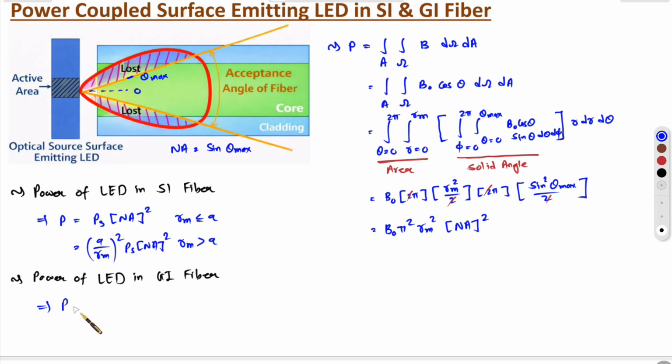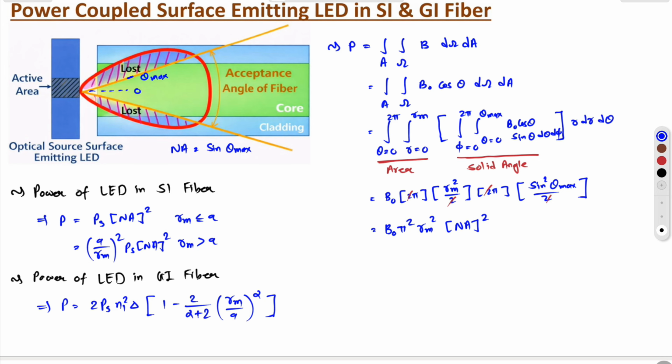See, that power will be P equals 2 PS N1 square delta into 1 minus 2 divided by alpha plus 2 into Rm divided by A raised to alpha. See here, this N1 is the refractive index of core, and this alpha is index profile, right? So this equation you will have to directly remember.